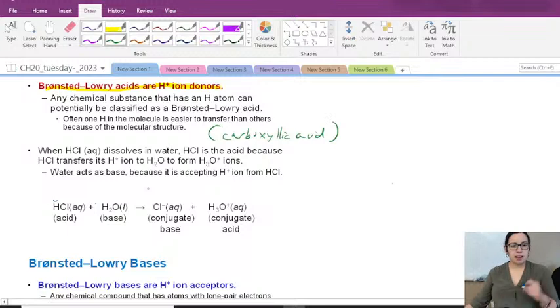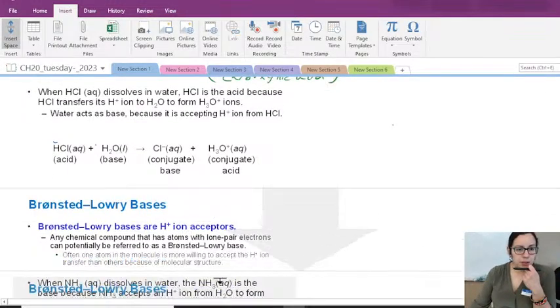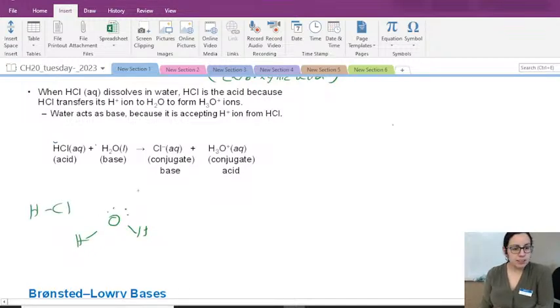I like this mechanism better, because now we can better understand what's truly going on. What happens in solution? We have our acid, and the base is going to pluck this off. The electrons go back to our chlorine, and that gives us our conjugate base, chloride, plus our hydronium, H3O+.